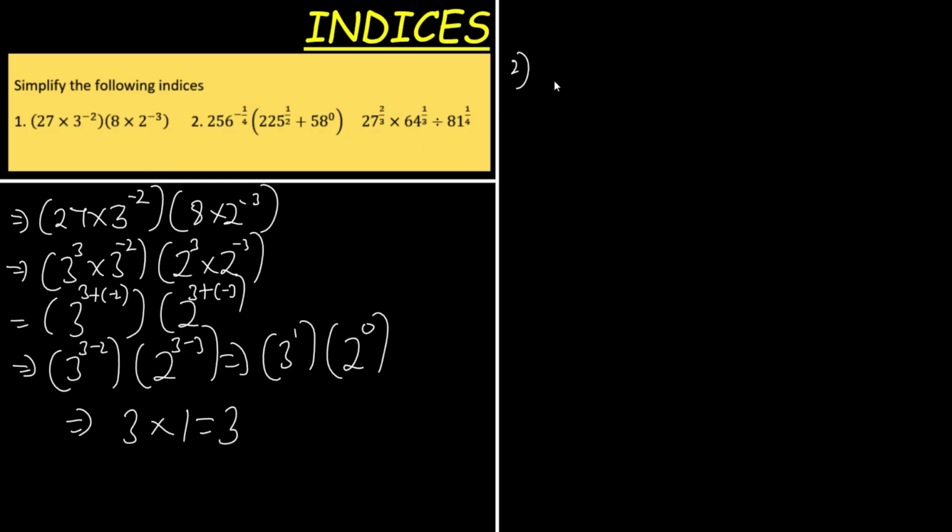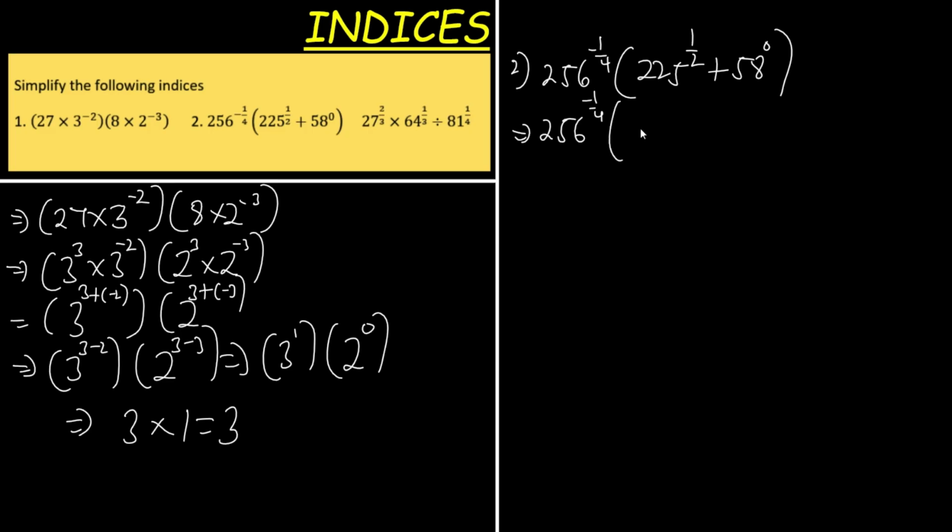The second one, we have 256 raised to the power negative 1 over 4, and then also (225 raised to the power 1 over 2 plus 58 raised to the power 0). Now as usual, let's deal with the ones in the bracket first. Now 225 raised to the power 1 over 2. This one we can do in two ways.